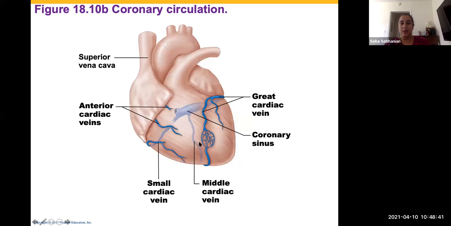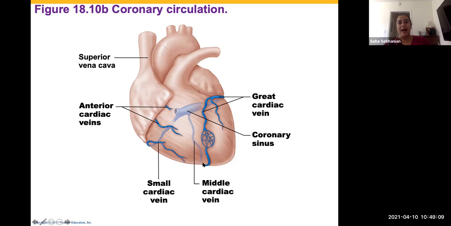The other big ones that you have are found on the right-hand side of the heart. There are small branches called anterior cardiac veins. Again, it's different from one person to another. And then one that is on the side that runs parallel to the marginal artery, called the small cardiac vein.